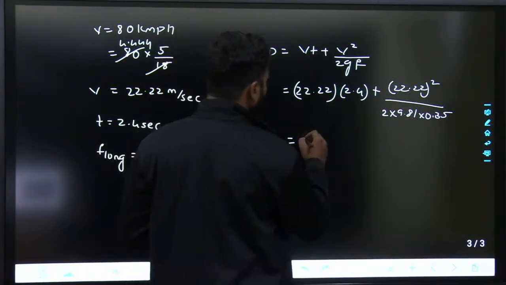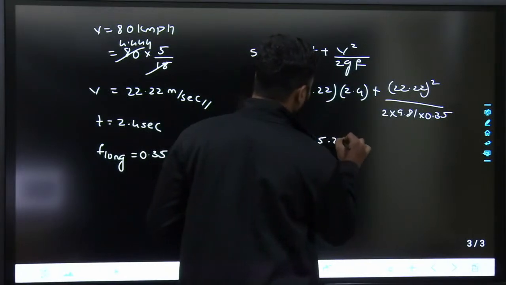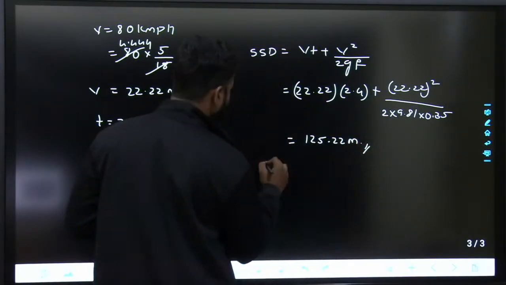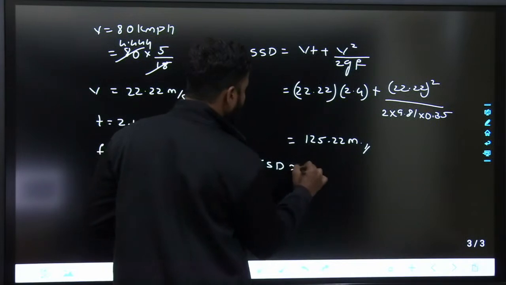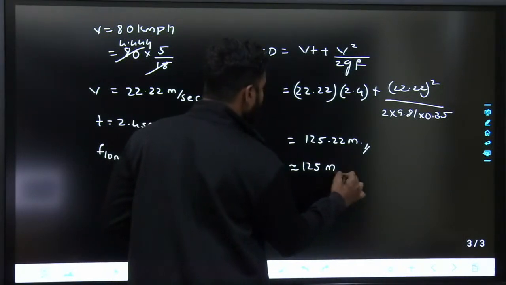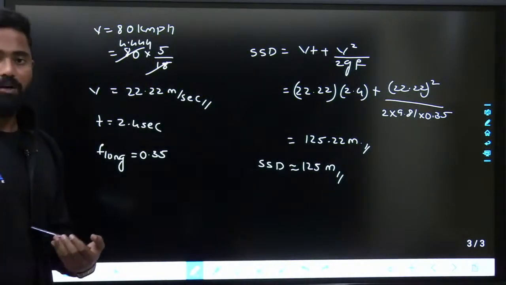So this is 125.22 meters. So you can take SSD as approximately 125 meters. Fine, SSD is 125 meters.